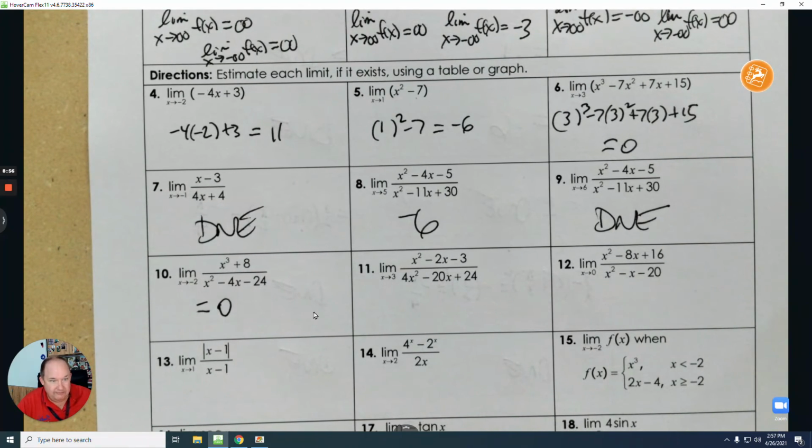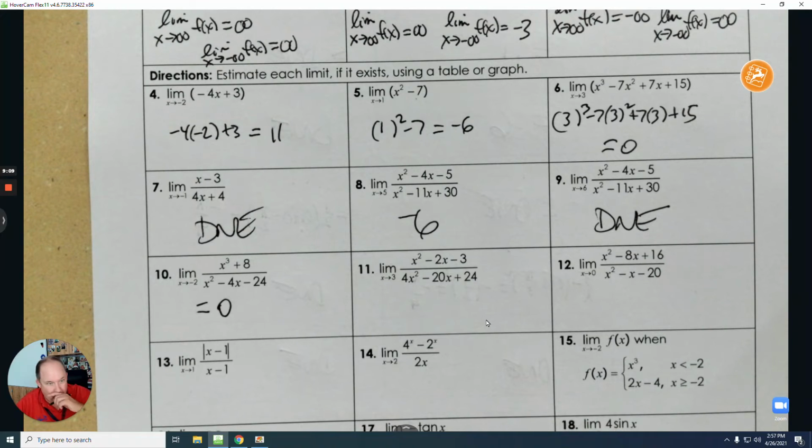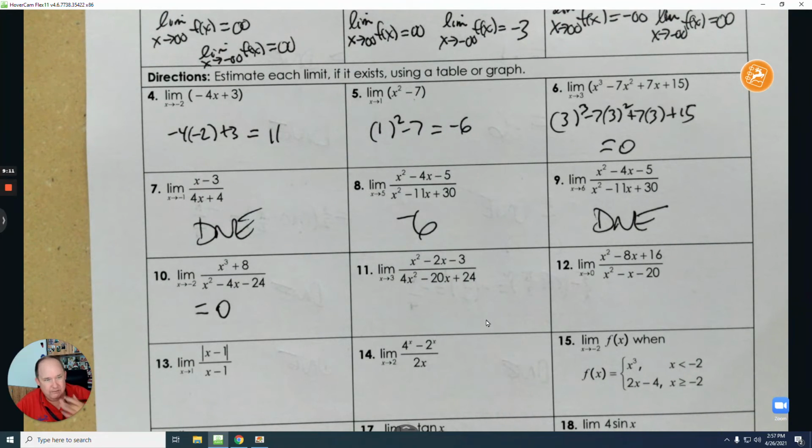Number 11, if you plug in 3, this one is continuous at 3, and you get the answer 1. Right? No, it's not continuous. So you'd have to use a graph again.